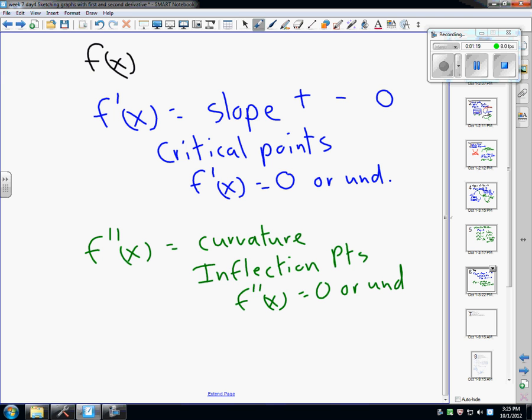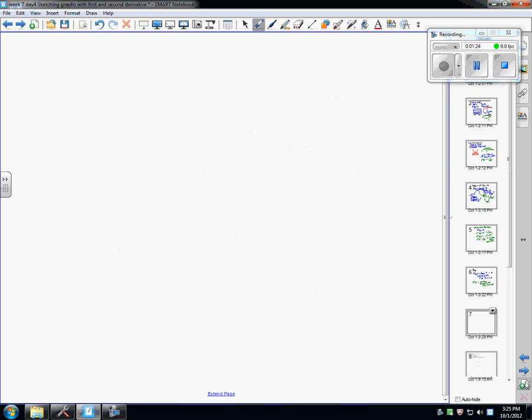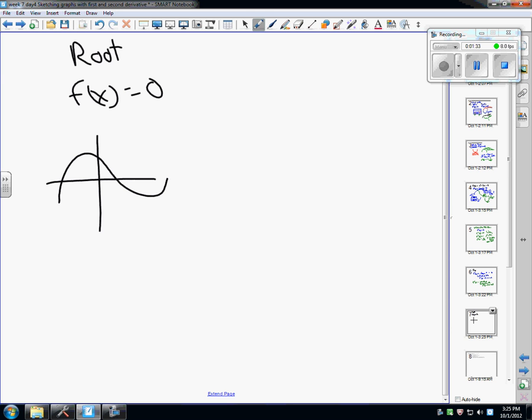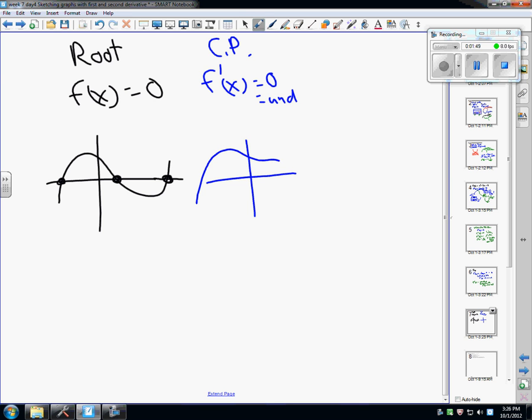Now, one more note to make on this. If I ever ask you for a root, that's when the regular function equals 0, and roots, remember, are those. If I ever ask you to find a critical point, that's when the first derivative equals 0 or is undefined, and those are these.